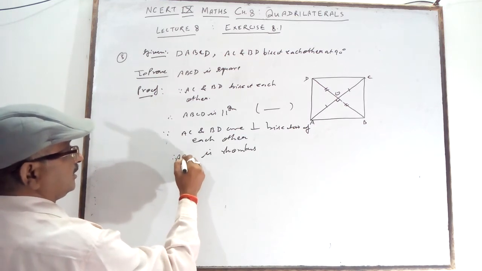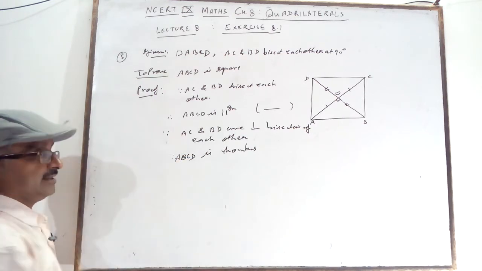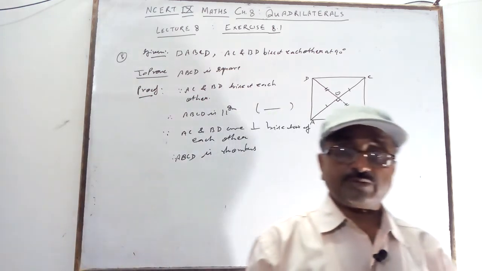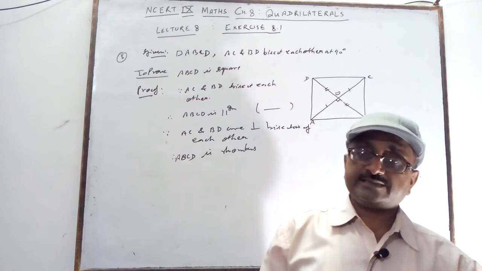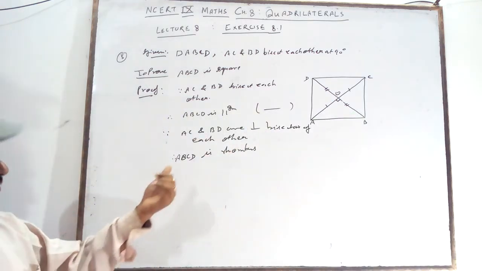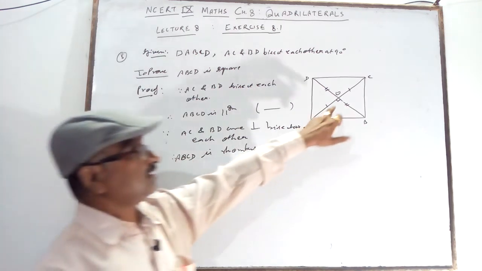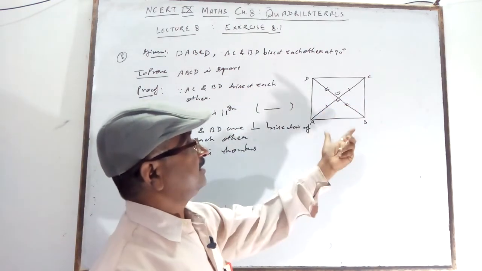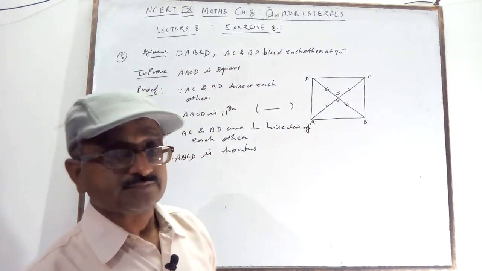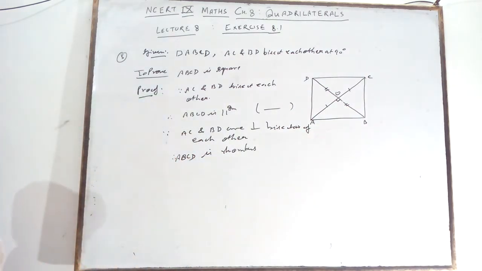Why? If the diagonals of a parallelogram bisect at 90 degree, then it is a rhombus. Easily you can get it. Another option is there, you can prove congruent by SAS, AB is equal to BC, so it is a rhombus.